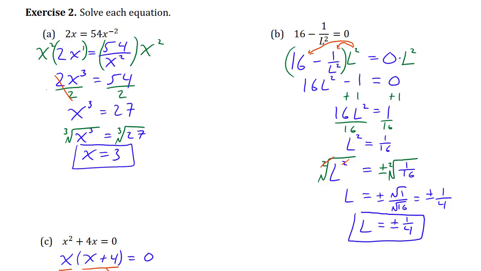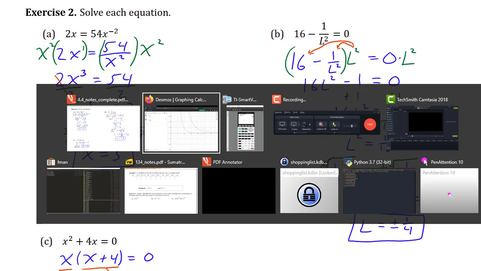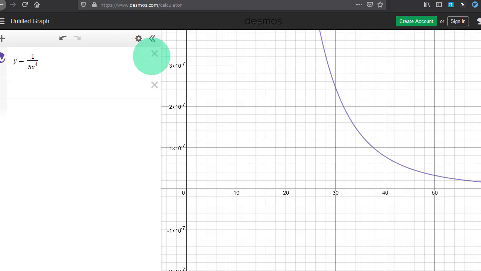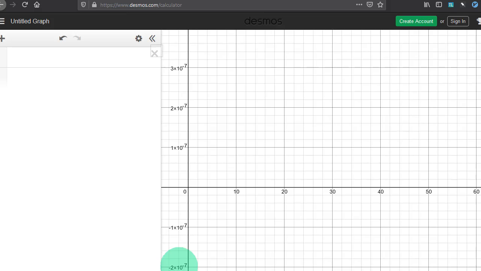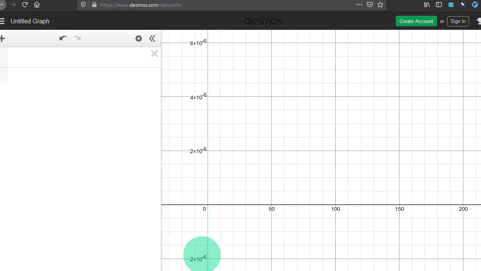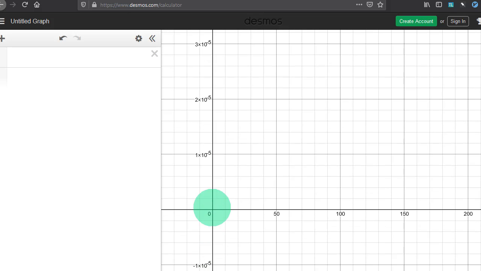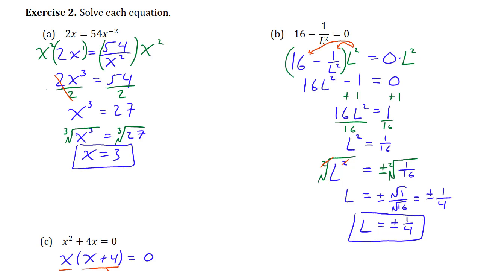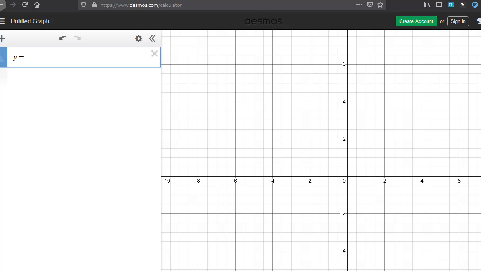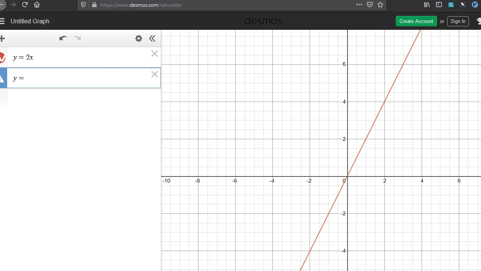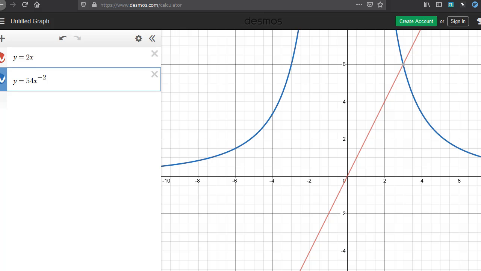So the way to solve this by graphing is to, on Desmos, delete the stuff I had before. Need to make the scale reasonable. So we have y equals 2x, and we want to graph y equals 54x to the power -2.